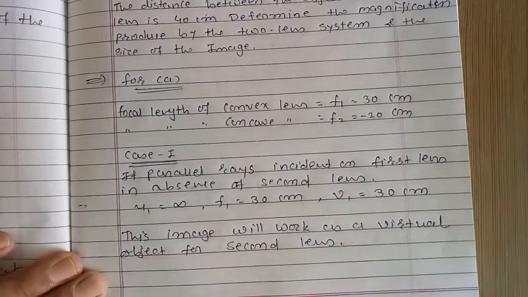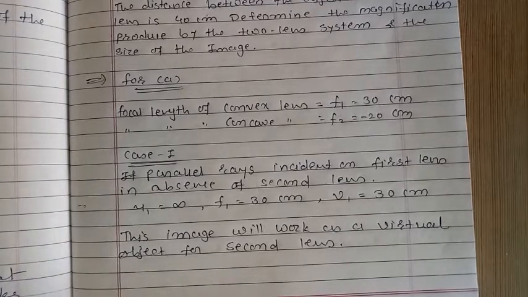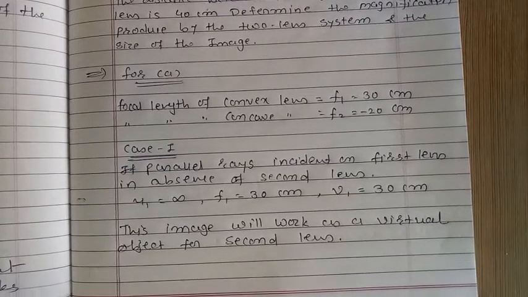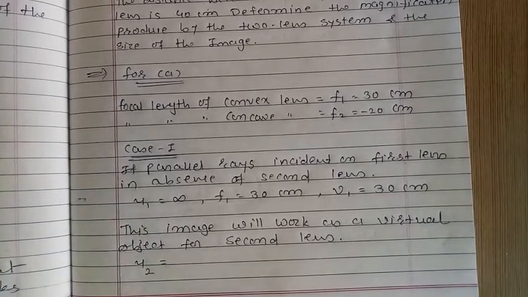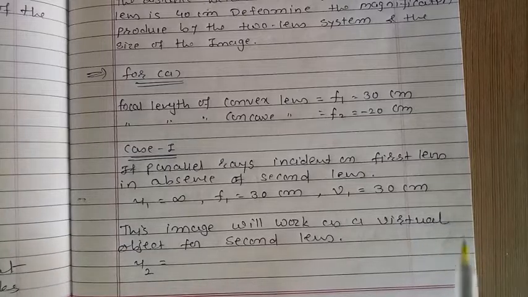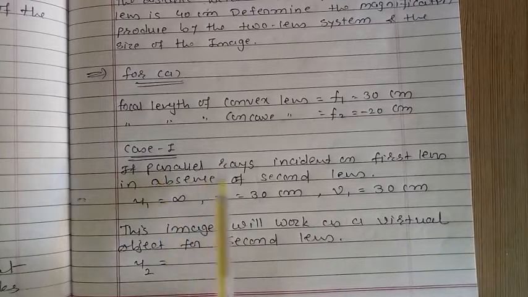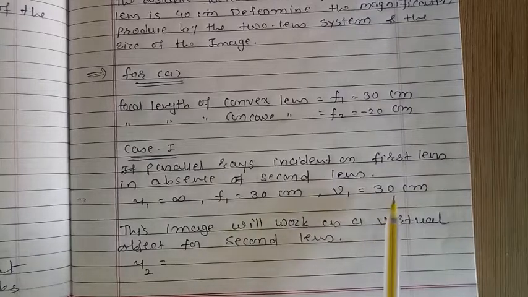Our second lens is concave, so we have to find out the image distance for this second, means concave lens, right? So here the object distance is u2. The image distance for the first lens is 30, so this image acts as a virtual object for the second lens, right?